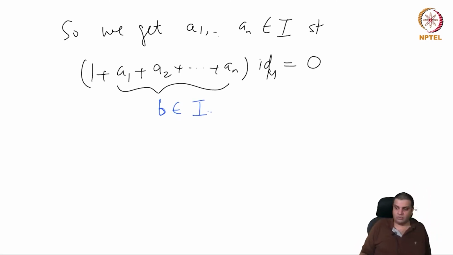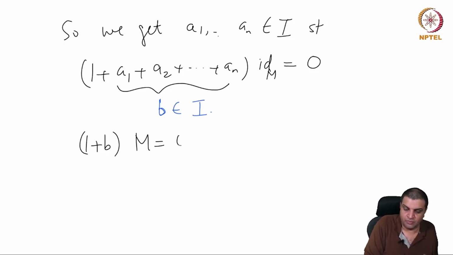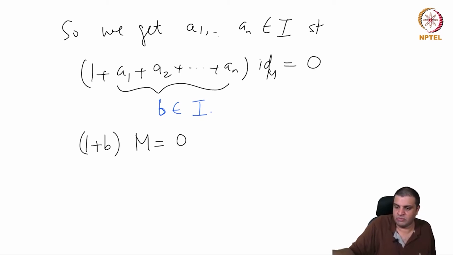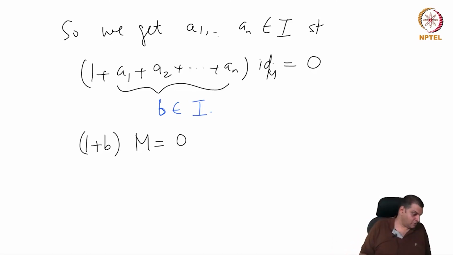So now what do we know? 1 plus B times M is 0, right? Because 1 plus B times the identity on M doesn't change M at all. If you take this whole map and apply it to an element of M, it is just this element multiplying that element of M. So this is just 1 plus B times M is 0.